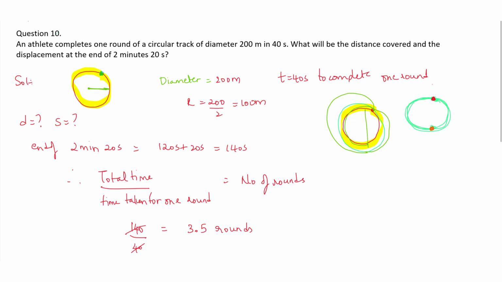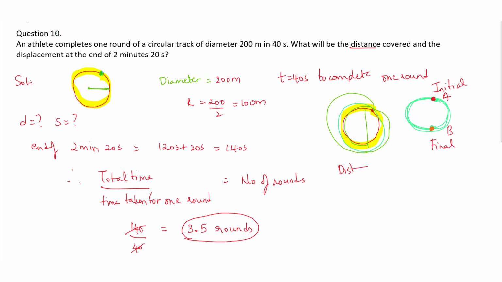Now that we understand it is going for 3.5 rounds, we have to find the distance and displacement covered.